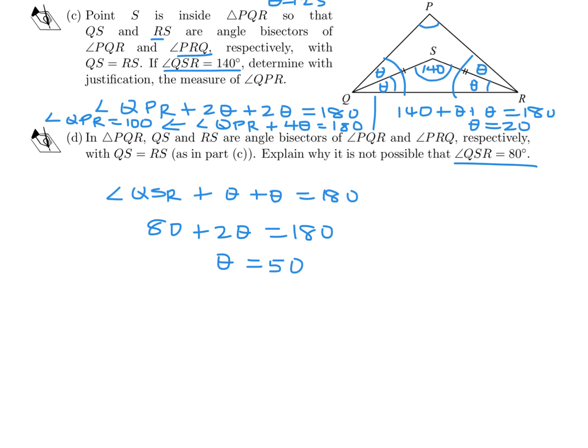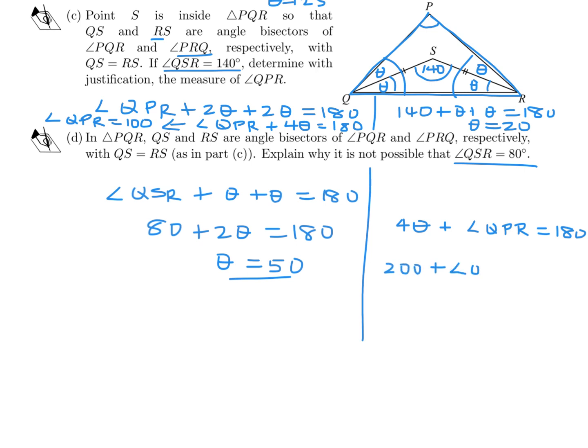Okay, so if theta is 50, then we look at the full triangle. In the full triangle, 4 theta plus angle QPR is equal to 180. Since theta is 50, there would be 4 times 50, which is 200, plus angle QPR is equal to 180.